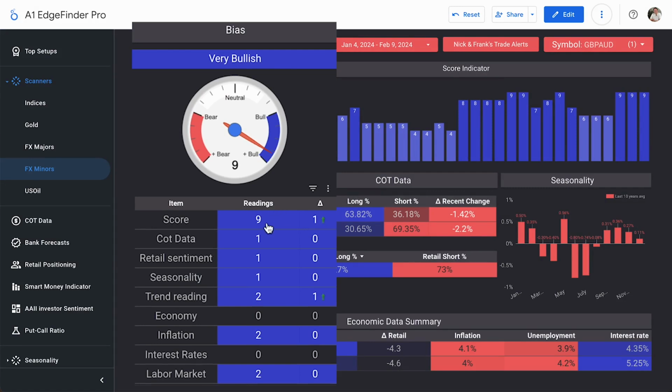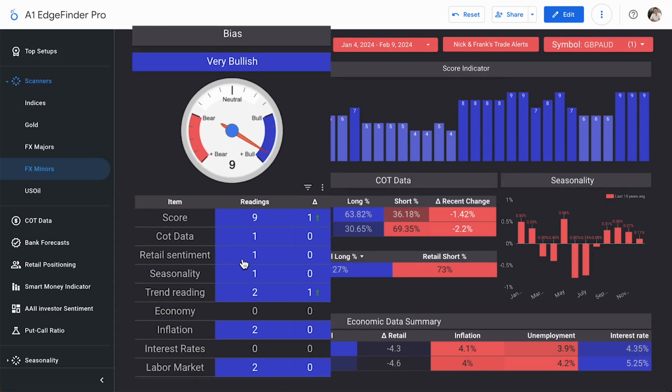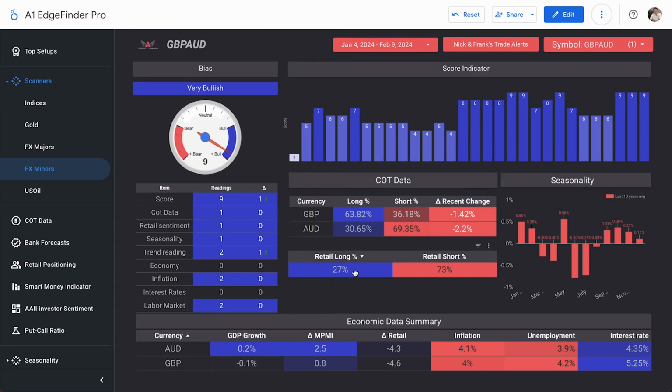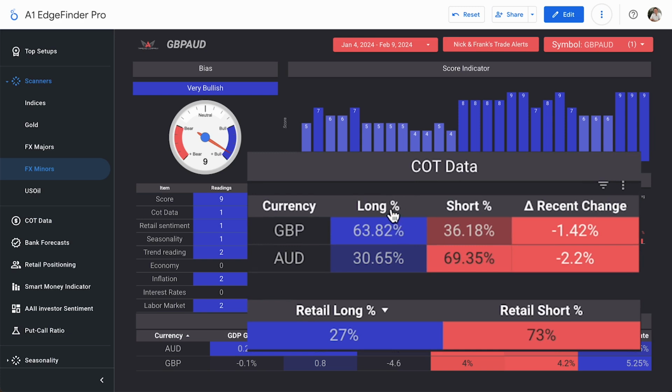Pound Aussie has a very bullish score of +9. COT data is a score of +1, and retail sentiment is also a score of +1. Take a look at those numbers right over here. Currently, institutional traders or smart money traders are favored long on the pound right now, 63.82%, and they are favored short on the Australian dollar right now, 69.35%.